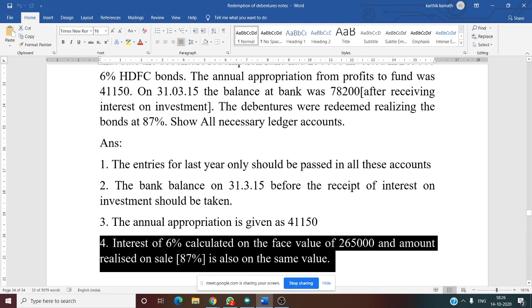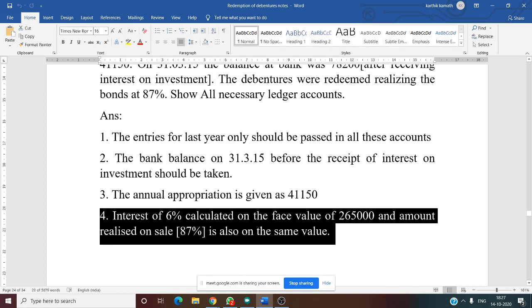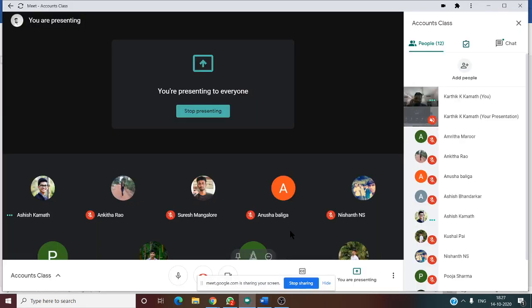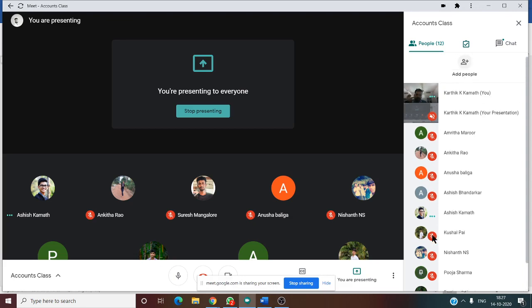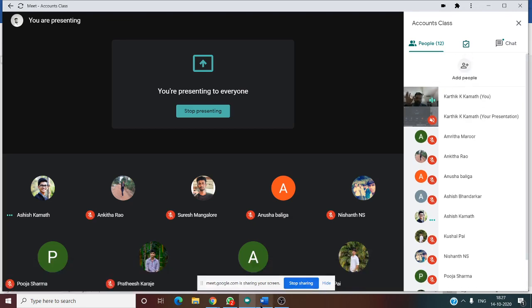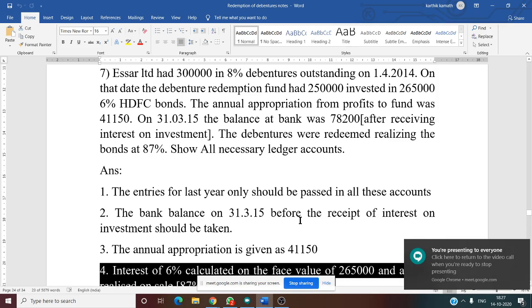When face value is mentioned, we need to calculate interest on the face value. So interest of 6% is calculated on the face value of 2,65,000, and the amount realized on sale at 87% is on the same value. And how do we know the face value? Face value is given in the question itself.